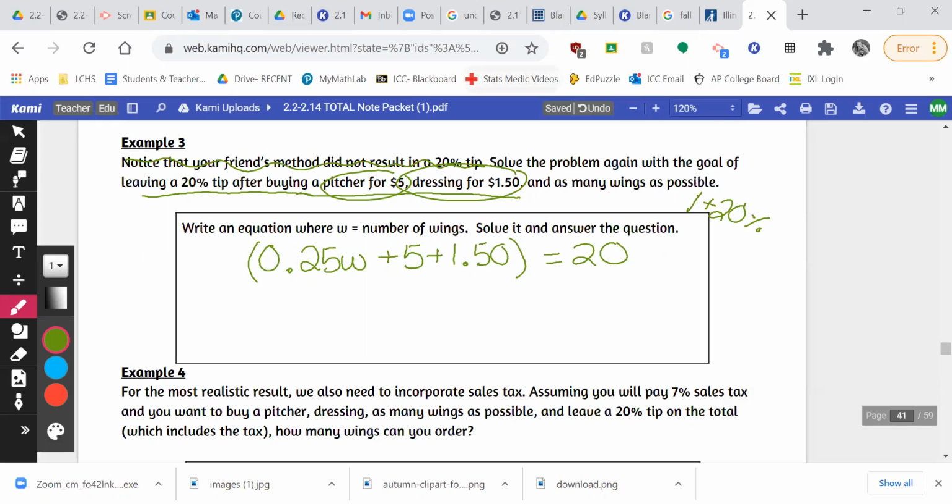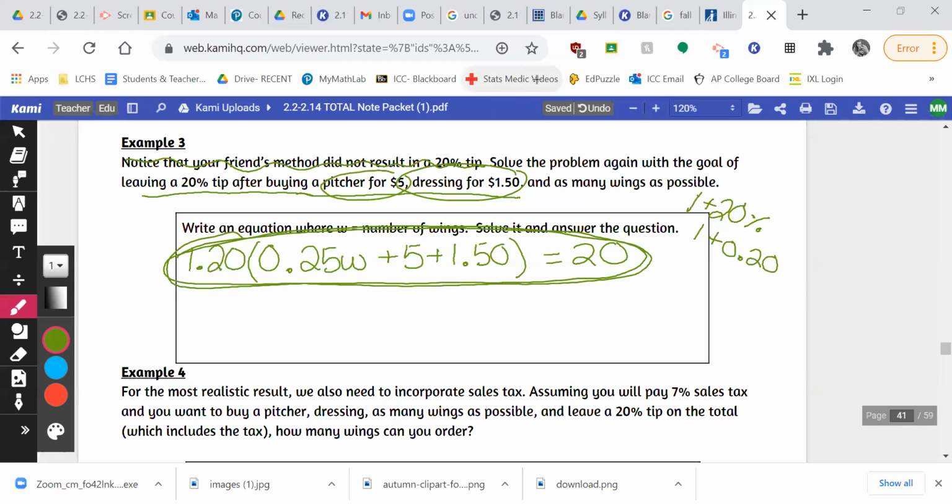So it's going to be 1 plus 20%, which will be 1 plus 0.20. And it's going to go on the outside because everything will have the tip applied to it. So this is how we apply the tip to everything that we ordered.